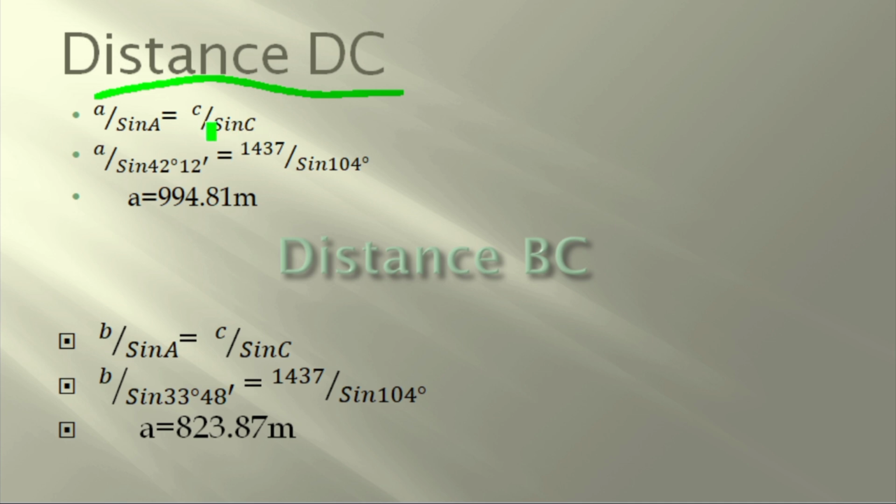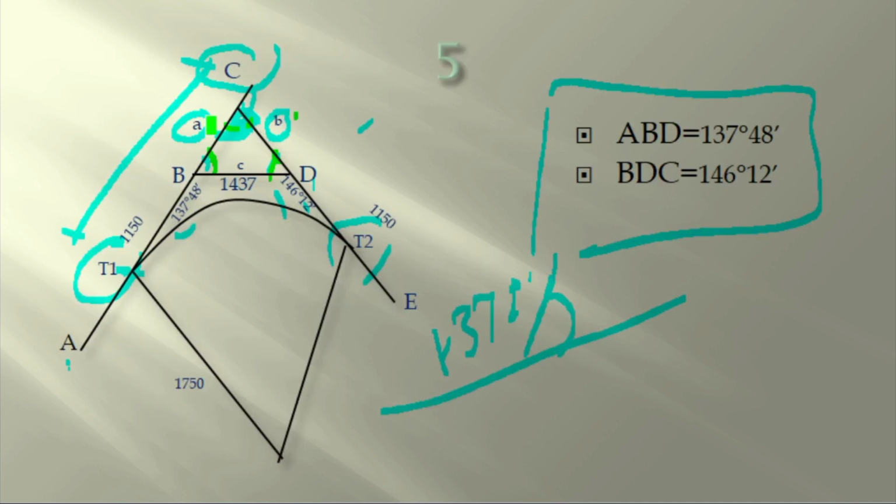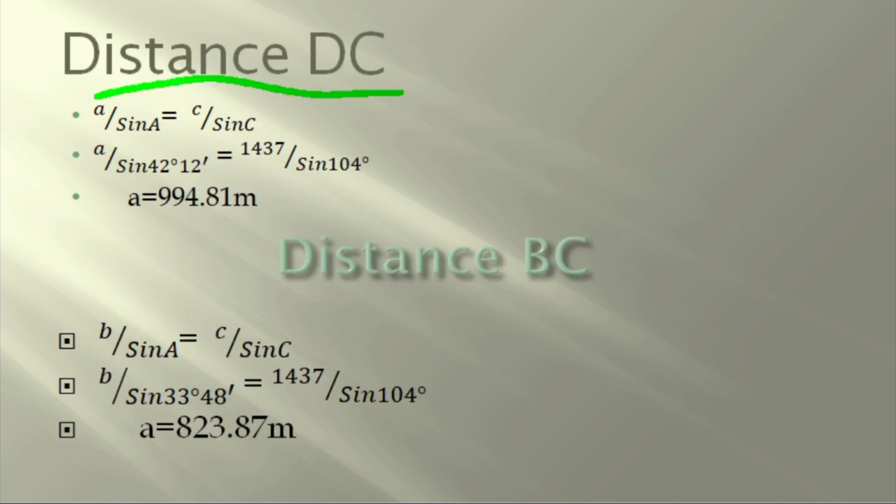This is the distance covered, 1437 over sine the angle of intersection. So by the correct use of a calculator, please, I will have gotten our distance A as 994.81 meters.